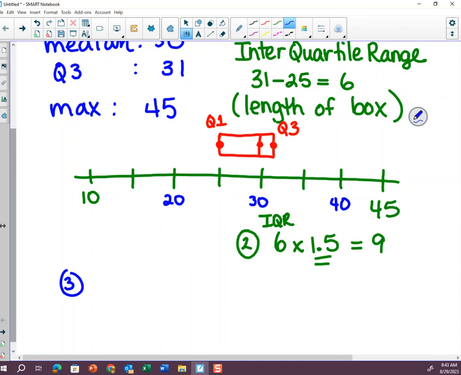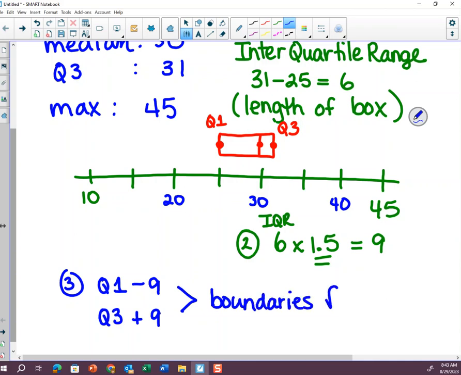So I take my quartile 1 minus that 9, and my quartile 3 plus 9, and those tell us where the boundaries are going to be for the outliers.